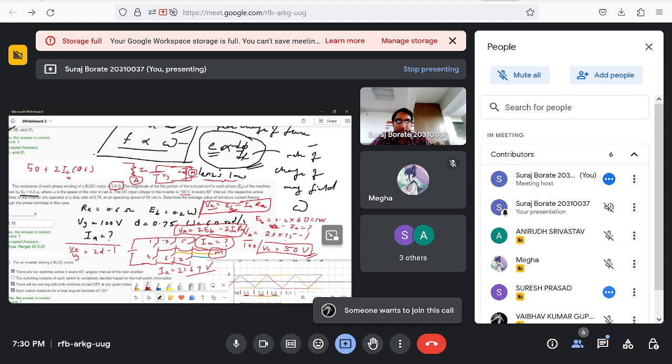So let me calculate the answer according to our logic for now. If this is 100, 2 into IA into 0.6 plus EB, which we calculate as 12 volt, sorry, minus, so this is 112 divided by 2 into 0.6.